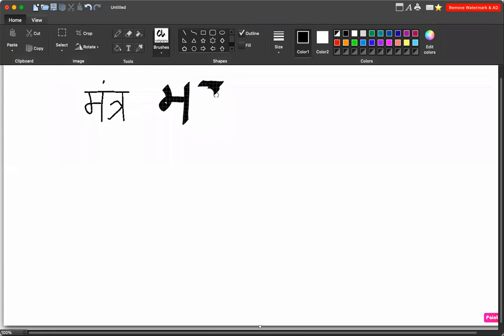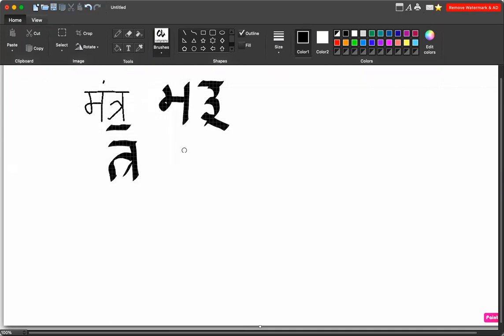Mantra. So this is your ta and ra. Now here, if you see tra being written in Hindi like this, it's basically ta with ra. So this is tra, and in the Devanagari alphabet, or even in the Sanskrit alphabet, it takes a form of a conjunct.